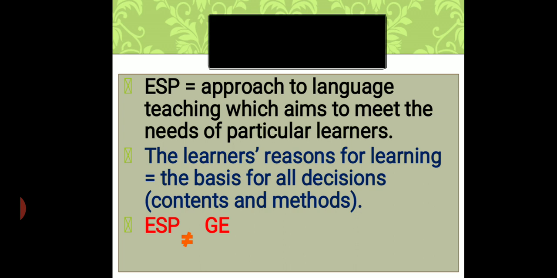So in the ESP classroom, the decisions related to the contents or the materials, as well as the decisions related to the methods, the activities of the teaching and learning that we have, will be based on the learners' reasons for learning.